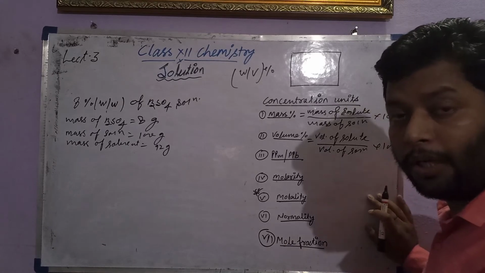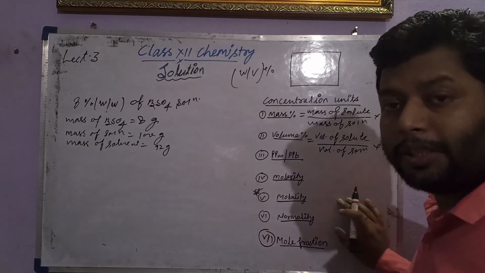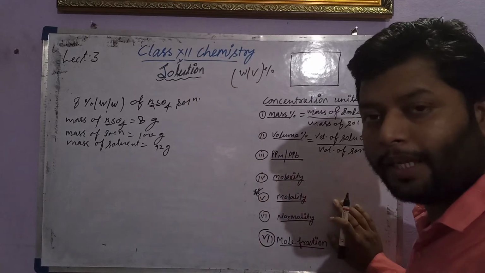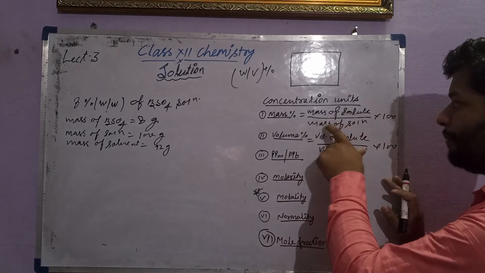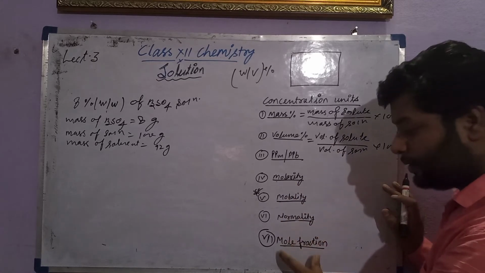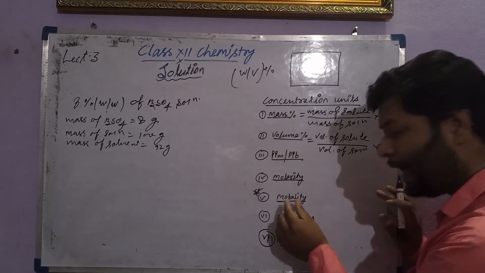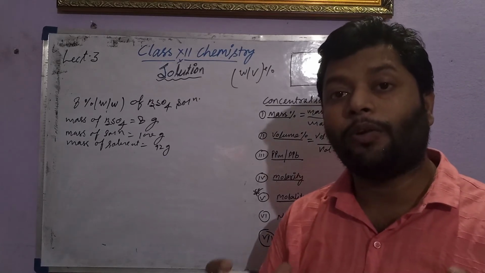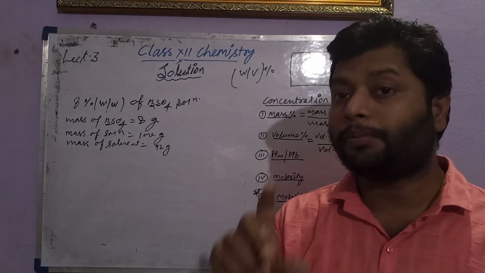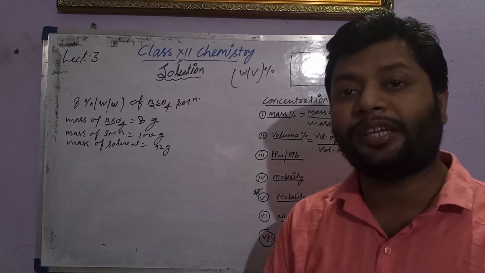All these except molality explain the concentration, the strength of the solution. You can see the mass of solution, the volume of solution. Only molality has the mass of solvent. So molality explains the concentration in terms of solvent, and all the other factors indicate the strength of the solution.